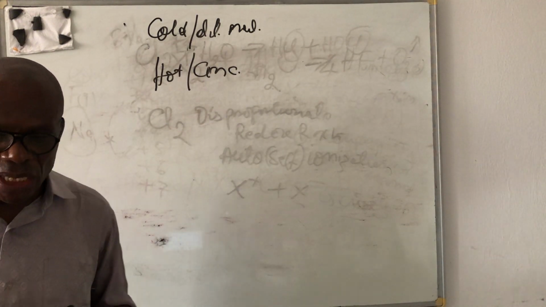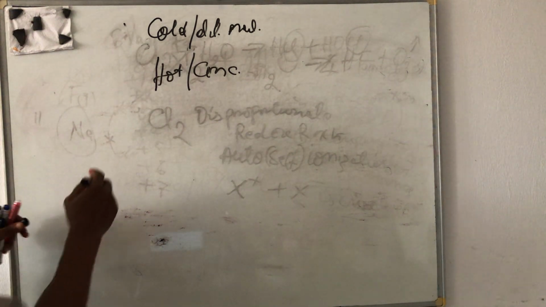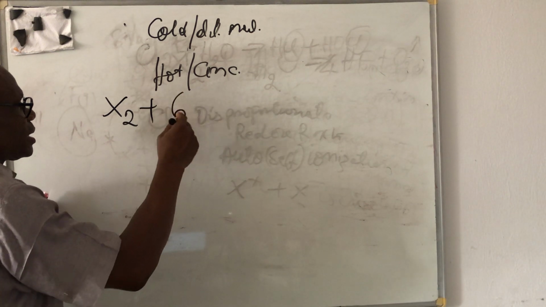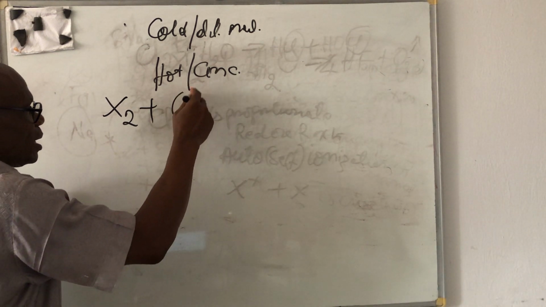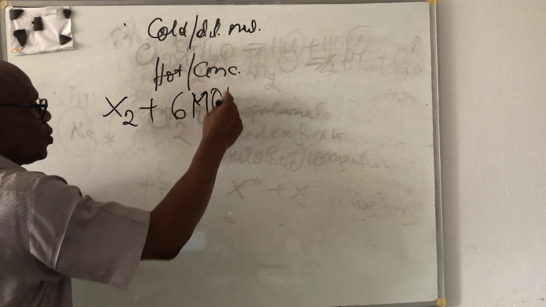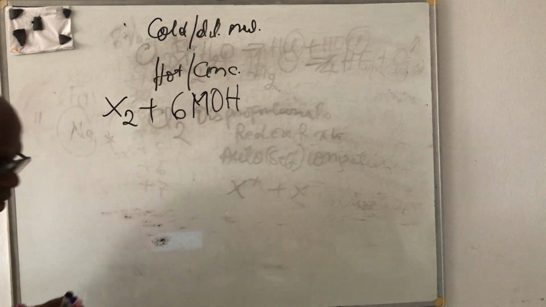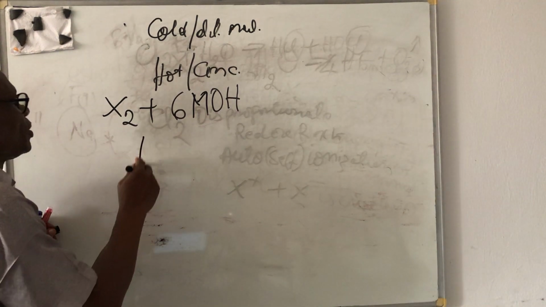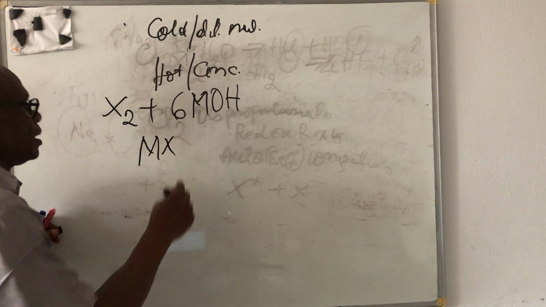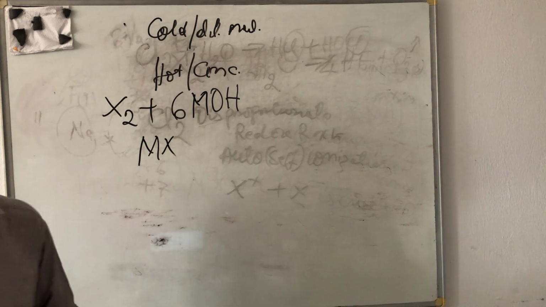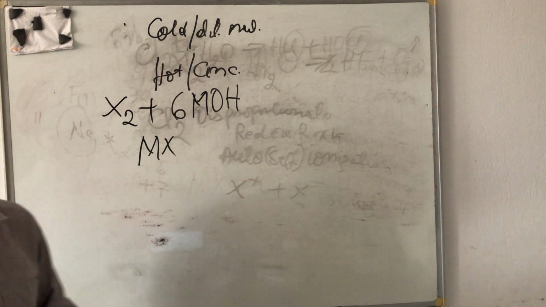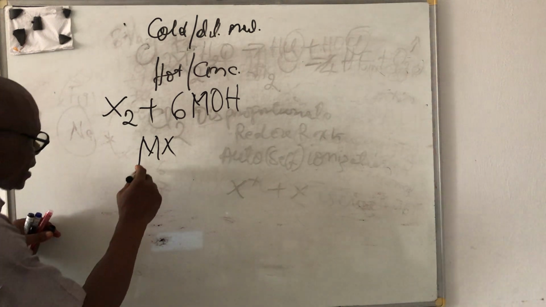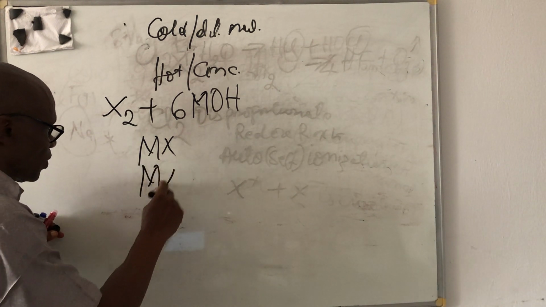In a cold and dilute medium, you can have X2 plus 2MOH, for instance. When that happens, MX will be formed conventionally. Alongside MX, MXO will also be formed.